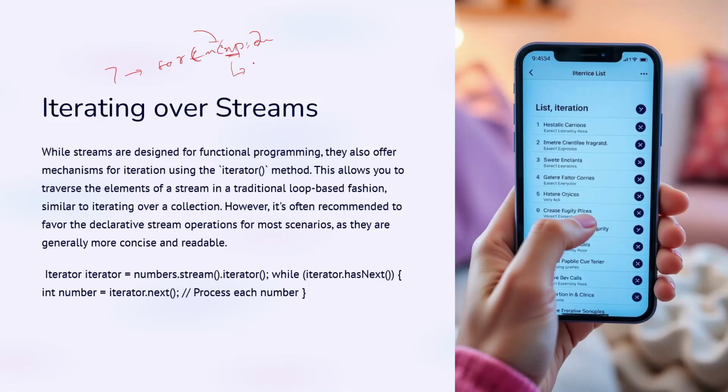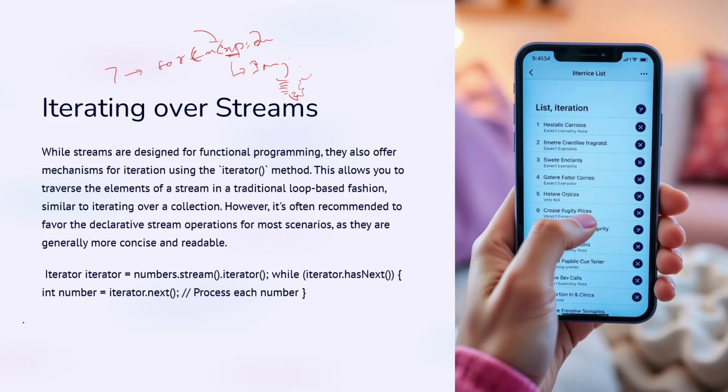We iterate over this, get the next element, and do the operation like that. So iterators we can apply in Java 8 streams as well. Iteration is nothing but iterating the values from the list of elements.